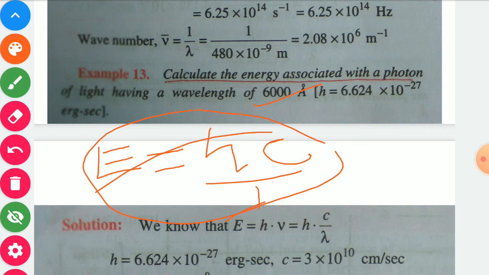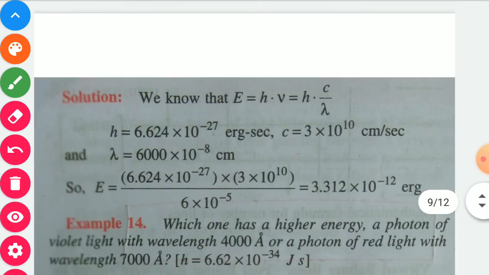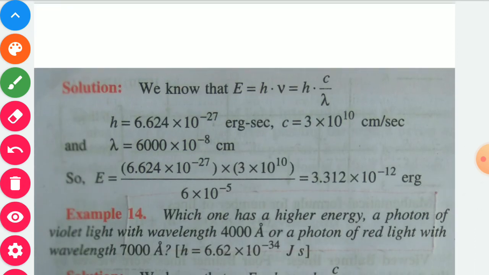The h value is given in the question, and you already know c, that is velocity of light, 3 into 10 to the power 8 meter per second. Lambda value is given 6000 angstrom unit, means 6000 into 10 to the power minus 10 meter. To find out energy, E is equal to h nu, and nu is c by lambda, so energy E is equal to hc upon lambda.